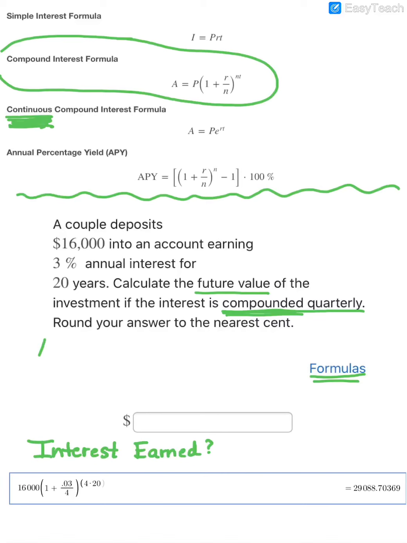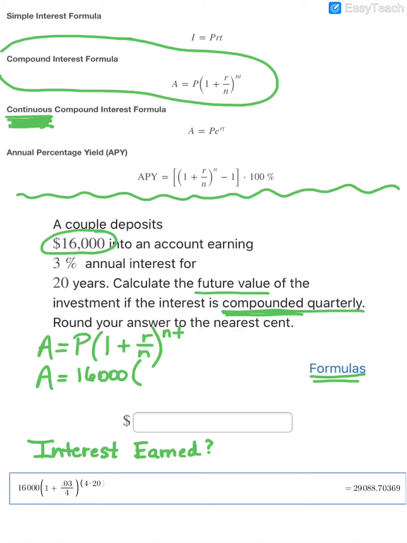So I'm using the second formula. A is equal to P times (1 plus R divided by N) to the power of N times T. And we are looking for this A value. Starting with P, P represents the amount that is invested. It is your principal. So in this case, $16,000 was invested.